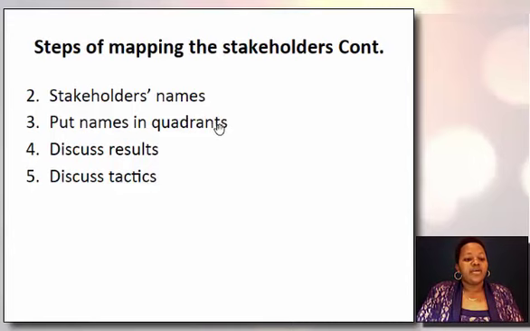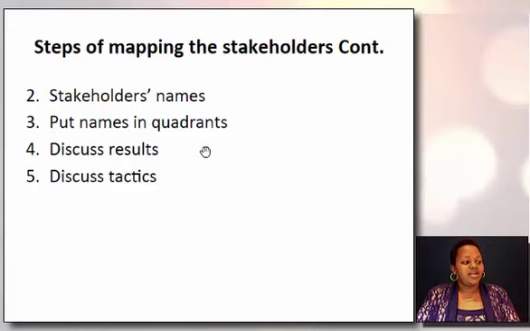After doing this process, another stage is to discuss the results. This is to make sure that we have all stakeholders together, and then we discuss after placing their names in the appropriate quadrant.